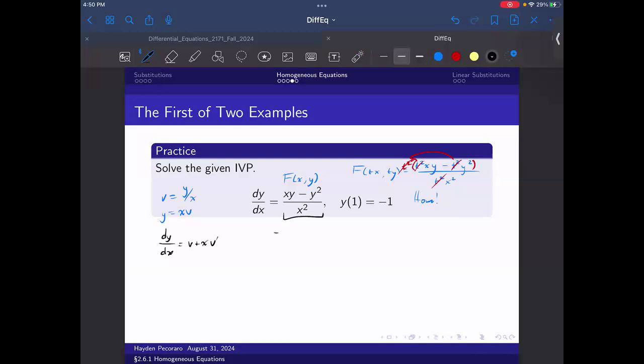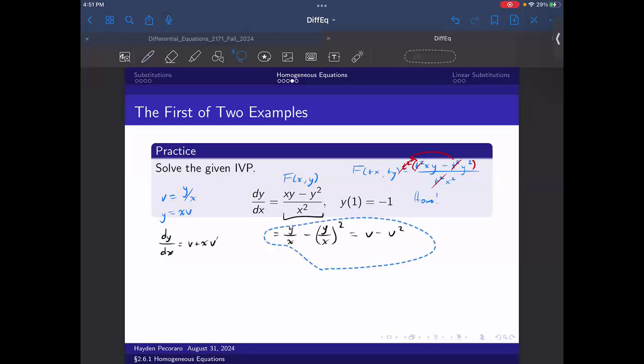So this is, if I cancel, let's say I split the fraction here, and I divide each term by x squared, I get y over x minus y over x squared. And so this is v minus v squared. And so we get this thing equal to v minus v squared.